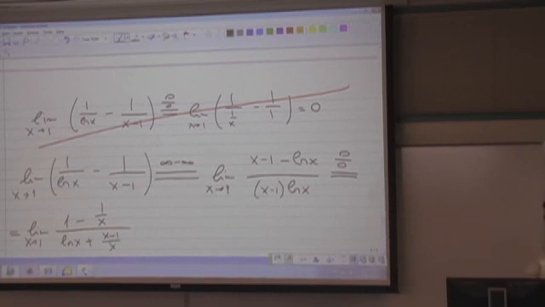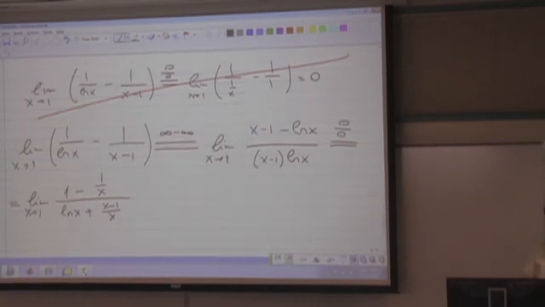Is this making sense? Another thing I told you about L'Hopital's rule in general is that you want to simplify things before moving along. Because if right now you put in 1 for x, it's still 0 over 0, right? Everybody sees that? But do I really want to take the derivative of x minus 1 over x? Chances are probably not.